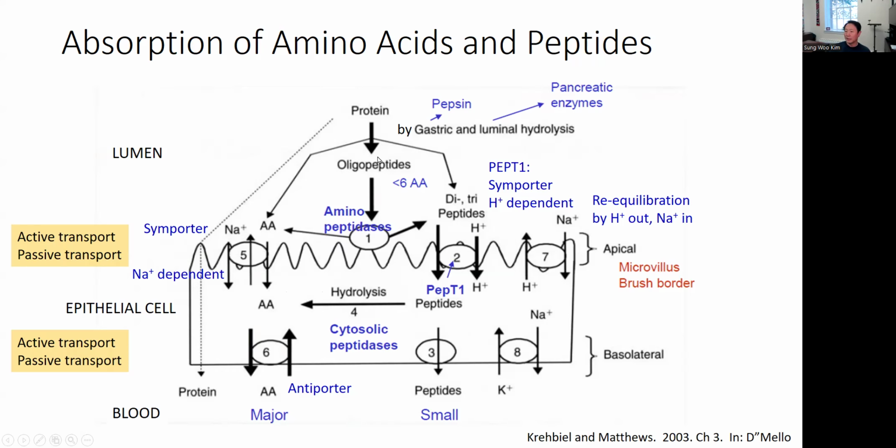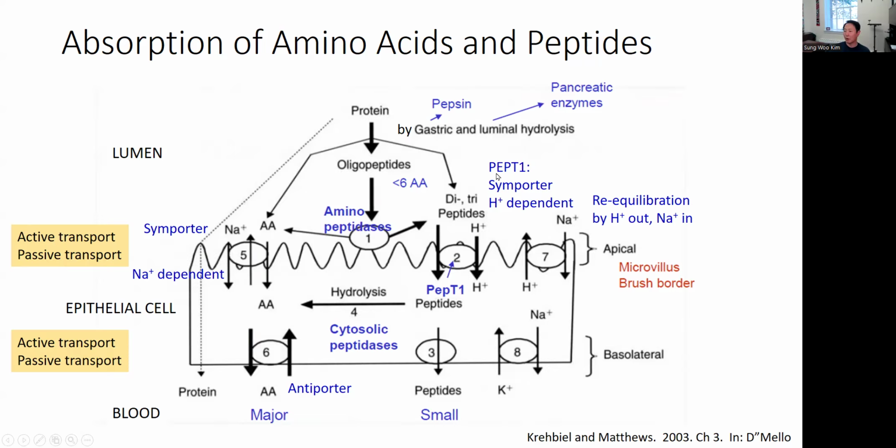Okay? In the case of dipeptides and tripeptides, they're already small enough and are efficiently absorbed into the enterocyte by a different type of transporter. It's not a system. It's not SLC. It is called the peptide transporter, PepT, type 1 or 2.